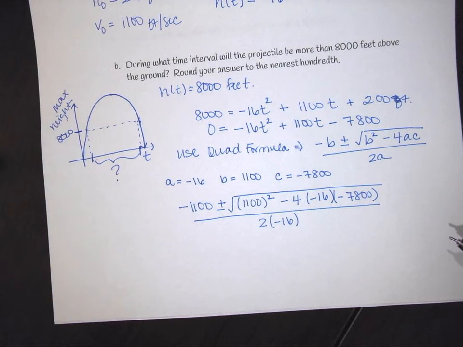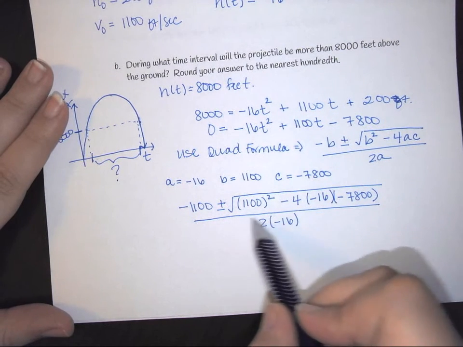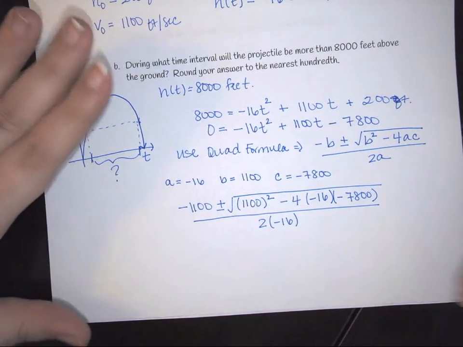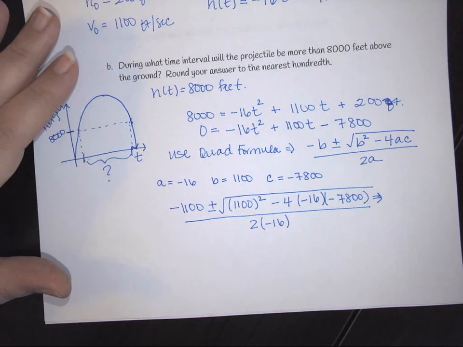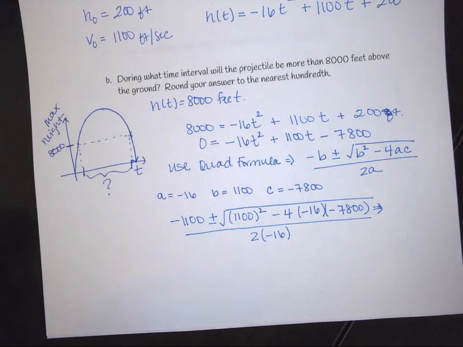The easiest place to start is to simplify inside your parentheses here. When we do that, we may end up getting a large number, so you're going to take your calculator and open a parenthesis, do 1100, square it, close your parenthesis, and then subtract and open a new parenthesis and do 4 times negative 16 times negative 7800.